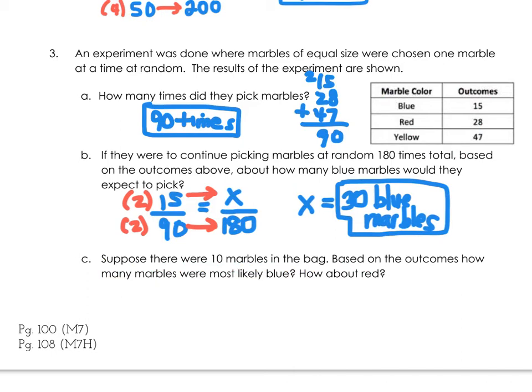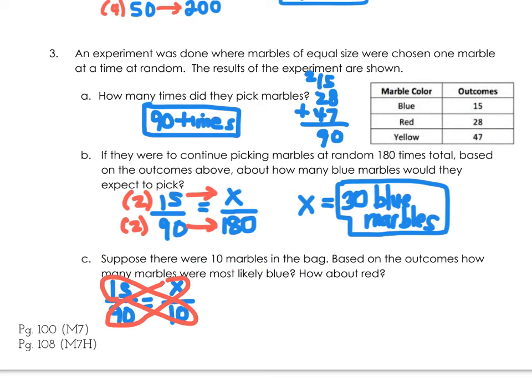We're going to write that as our ratio, kind of small because we don't have a lot of space. Now let's say we have 10 marbles in the bag. Using our proportion, we predict how many we think might be blue out of those 10. I'll do the cross products.